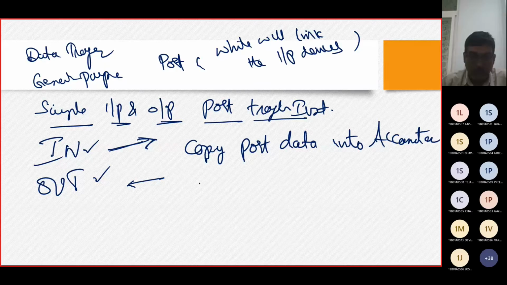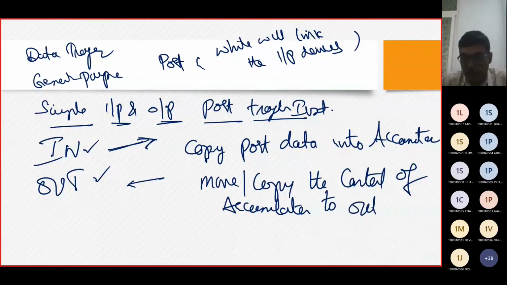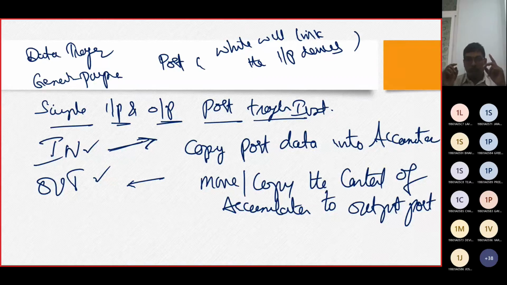At that time, move or copy the content of the accumulator to the output port. If we have something in the accumulator and want to move it to the port, we have to use the instruction called out.